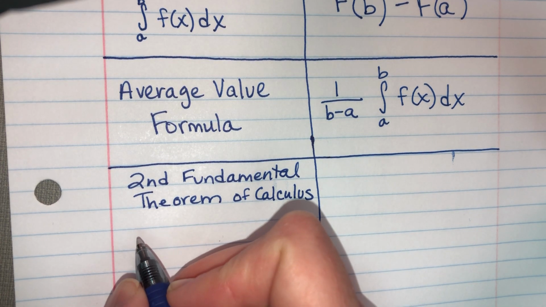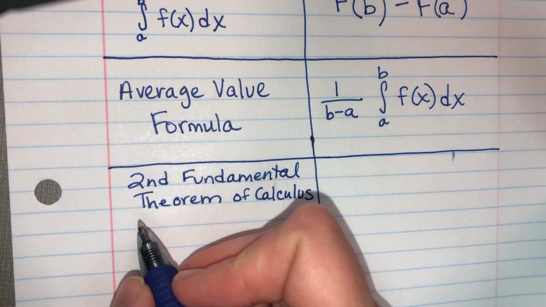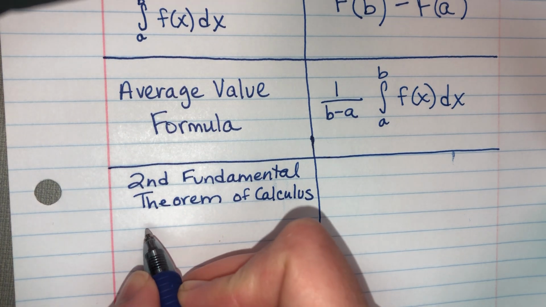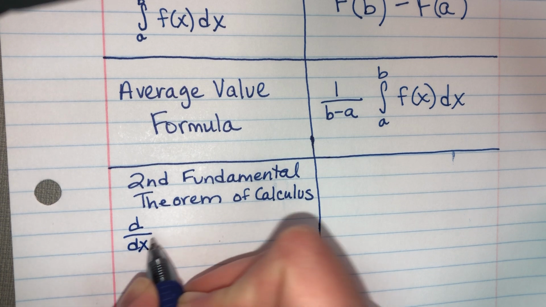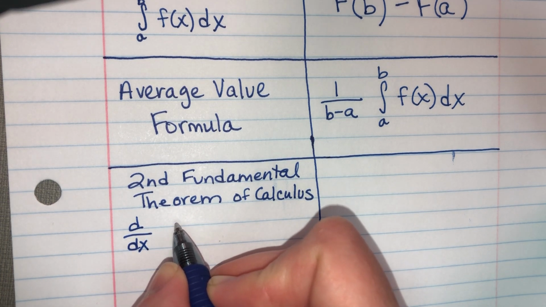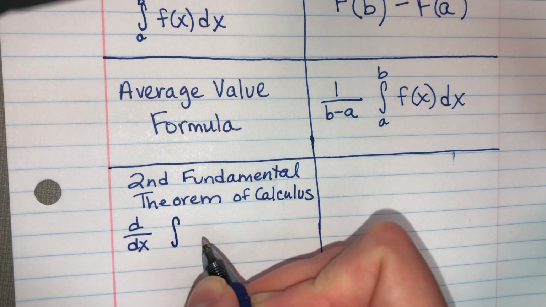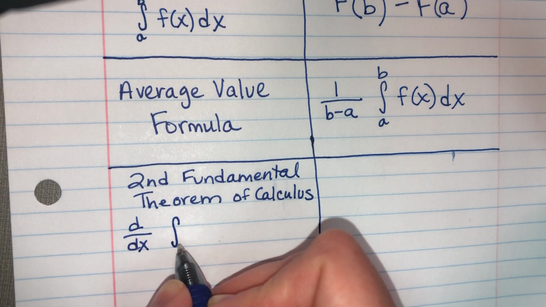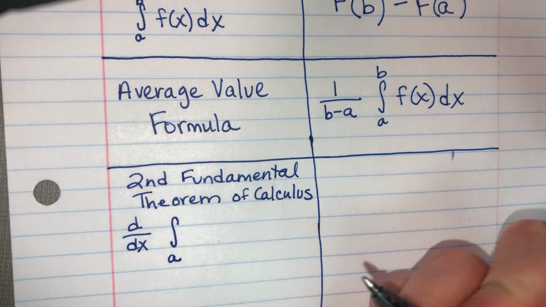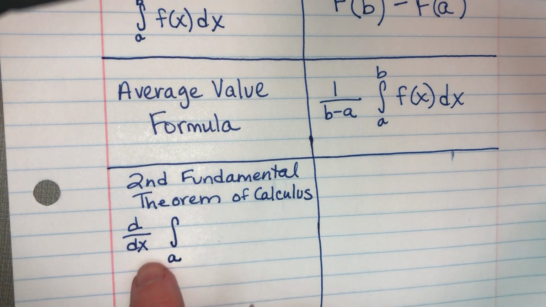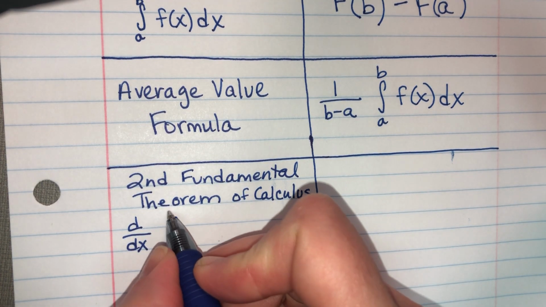But basically, the fundamental theorem of calculus part 2, or the second fundamental theorem of calculus, says if I take the derivative of an integral, remember derivatives and integrals are inverse operations, from some a value, this is a constant, to x.